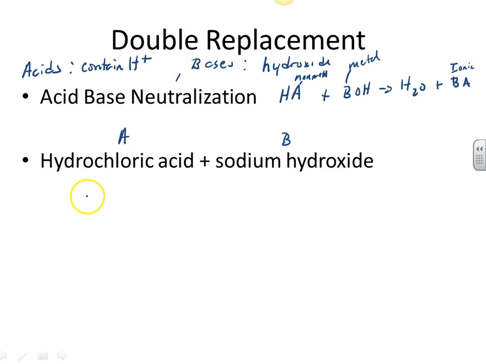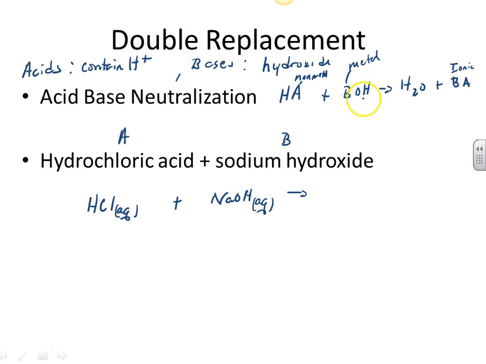Okay. So starting with one fairly common for a general chemistry lab would be a hydrochloric acid solution mixed with a sodium hydroxide solution. That's going to be HCl. All of our acids are aqueous. Sodium hydroxide, we don't know if this is aqueous at this point or not, but we can go ahead and say that it is, just so that we've got a state there.